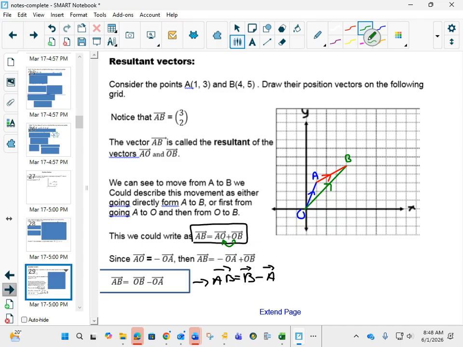If those middle points are the same, they're both at the origin, this is just like going from A to B. Just a longer route. But in vectors, the distance that the route takes doesn't matter. As long as you have a starting point and you have an ending point, it gets you to the right place.